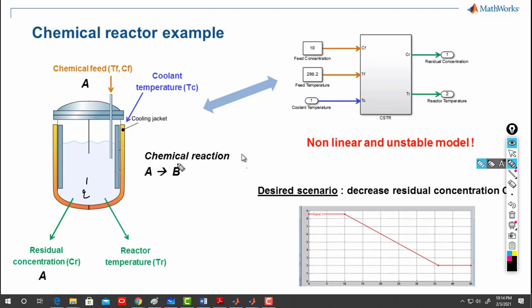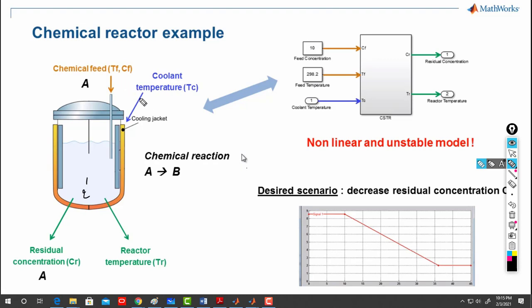This is a good example in process engineering. You have a chemical reaction that happens here, in which you have a chemical A, or material A, that is to be converted to material B. Okay, that's a chemical reaction that happens, in which you are feeding a concentration of some material at a given temperature.